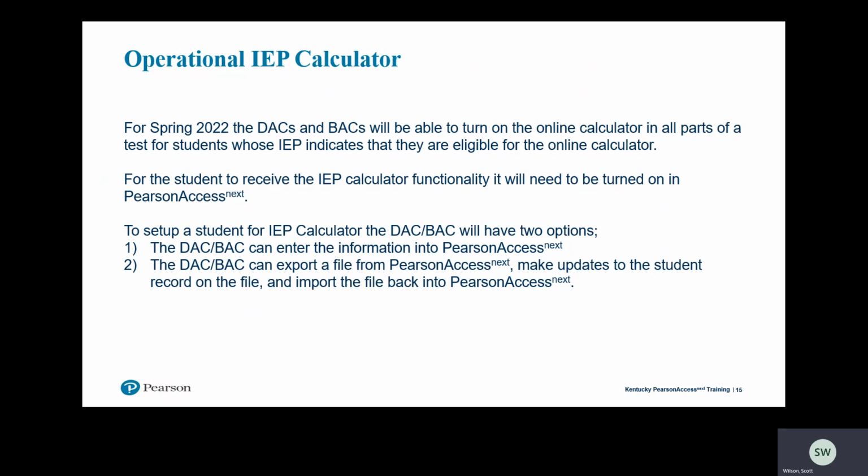This is similar to how we turn on the text-to-speech. Again, there are two options. The DAC or BAC can enter the information directly into Pearson Access Next, or the DAC or BAC can export a file from Pearson Access Next, make the updates, and then load that file back into Pearson Access Next.